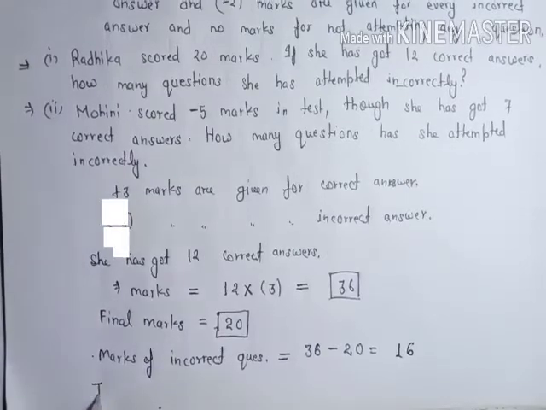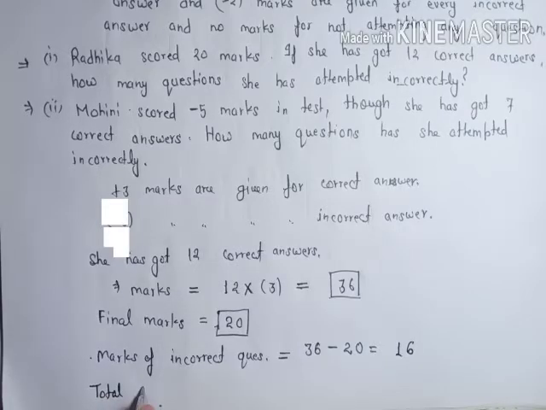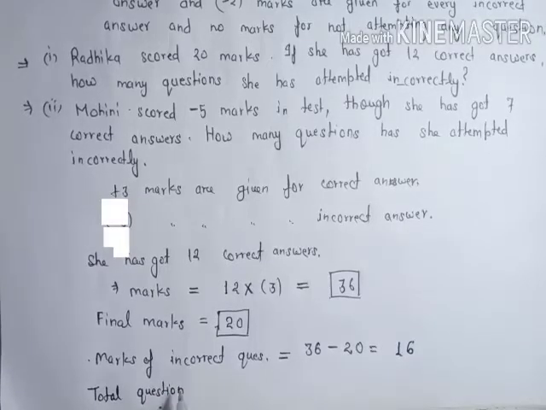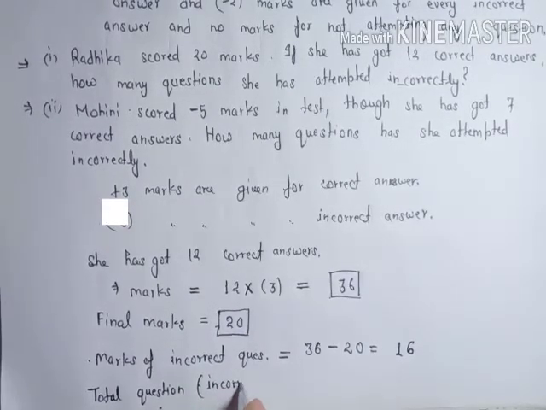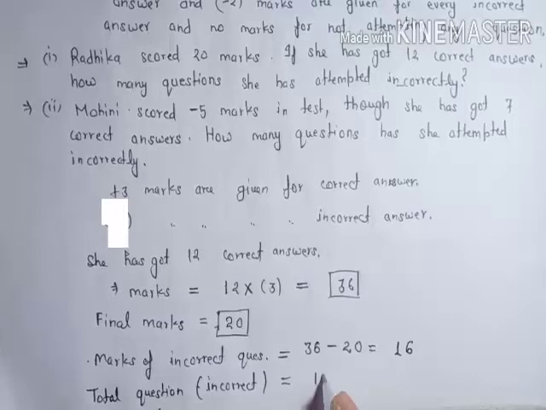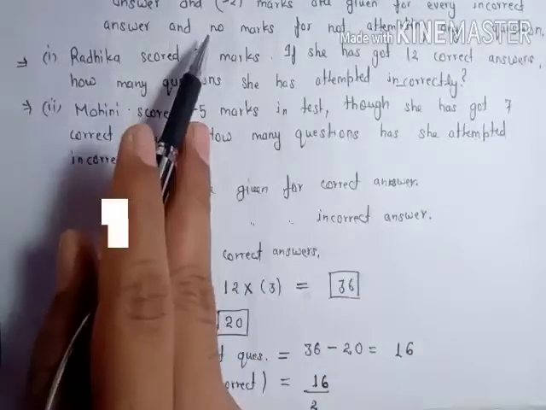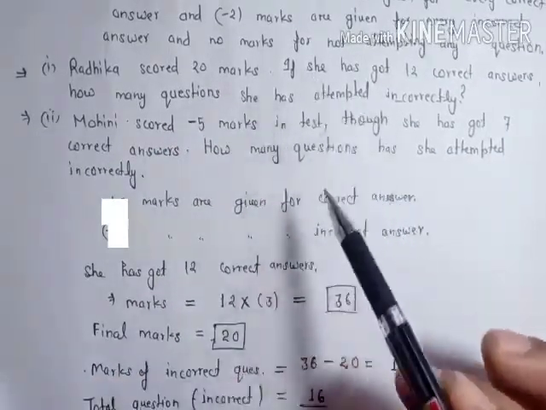So total number of incorrect questions, incorrect answer marks will be 16, and you can see that minus 2 means a deduction of 2 marks.